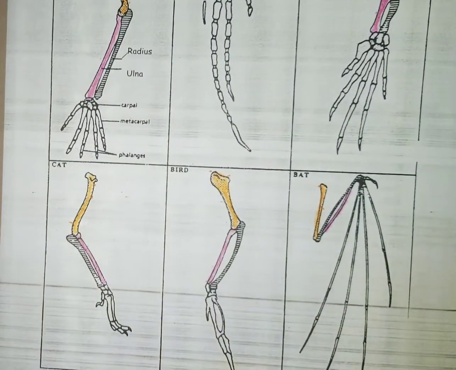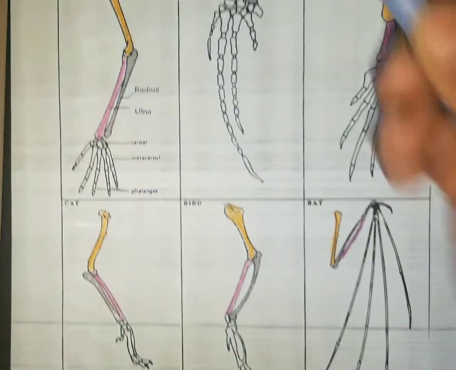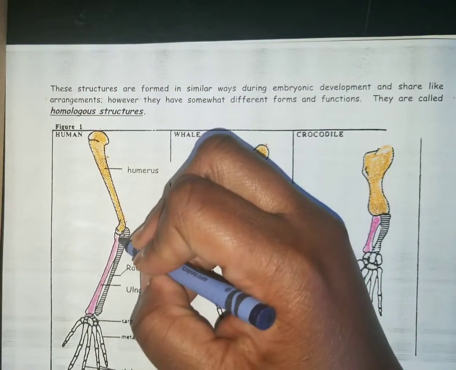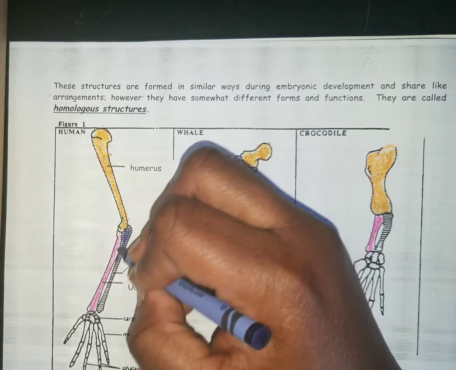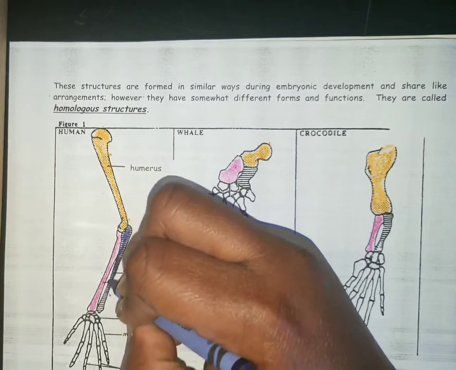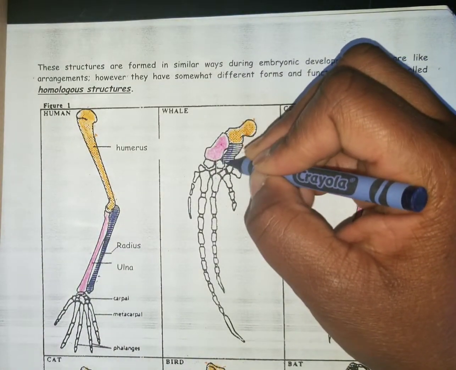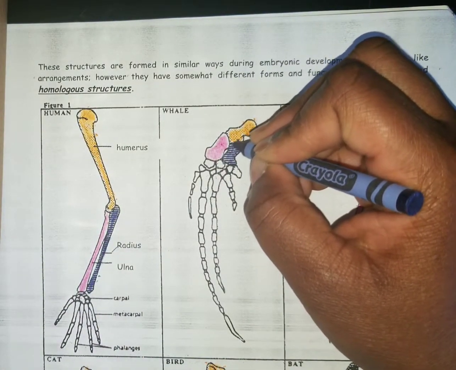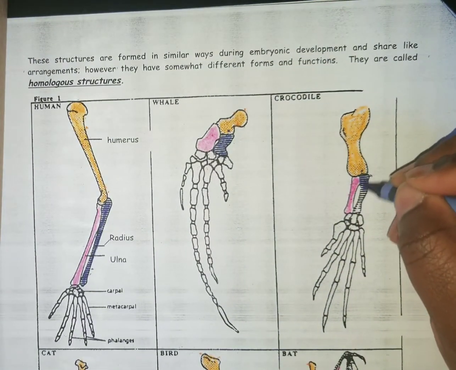Then we have the striped bone. I'm gonna color that bone blue. So the striped bone, which is the radius, I'm gonna color it blue. Do the same thing here. Color it blue. Same thing here.